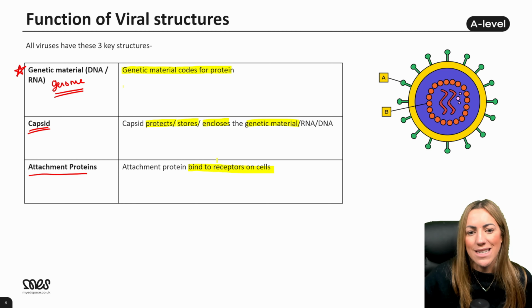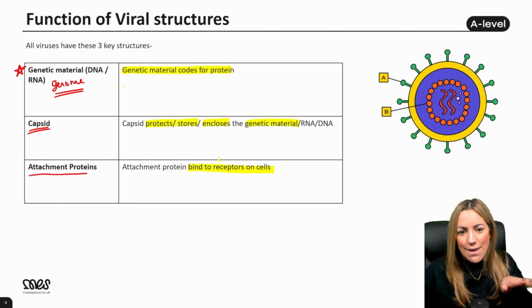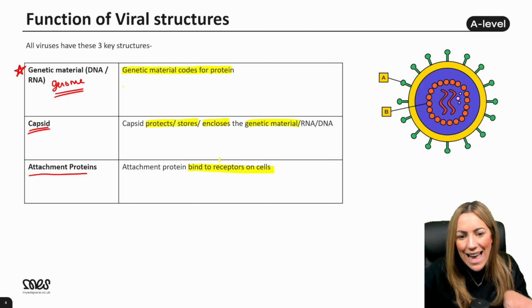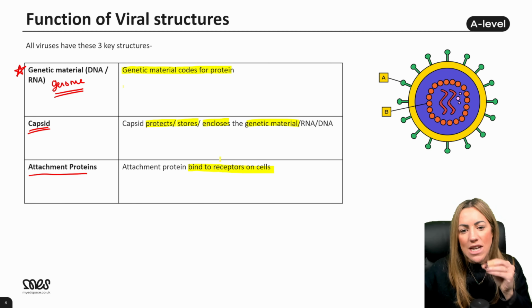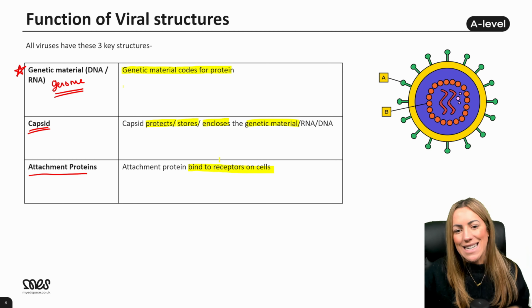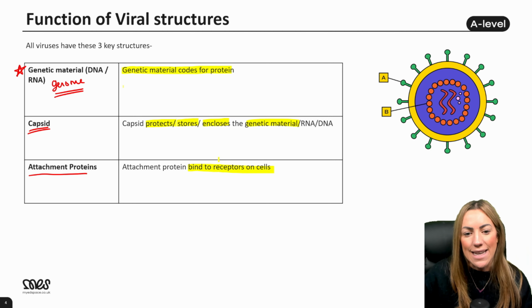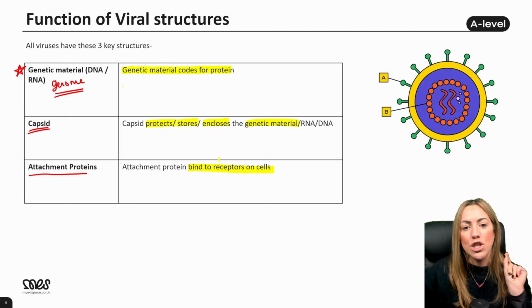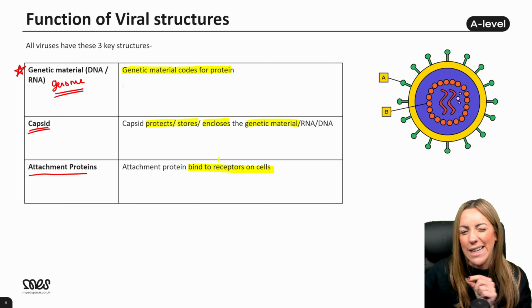And once the virus attaches, then the genetic information and possibly the reverse transcriptase, if needed, will enter the host cell, and then the genetic material will be inserted into the host cell's DNA. An example of this is with HIV. The attachment proteins on HIV attach to receptors called CD4 receptors, which are on the T helper cells, those lymphocytes in our immune system.